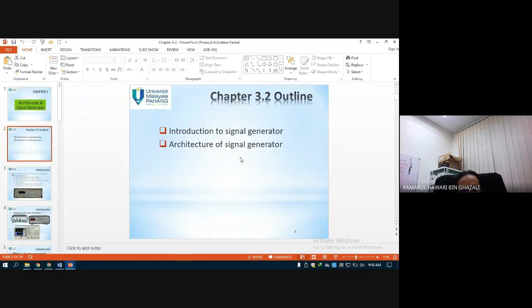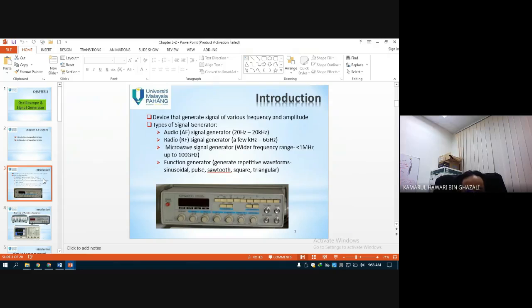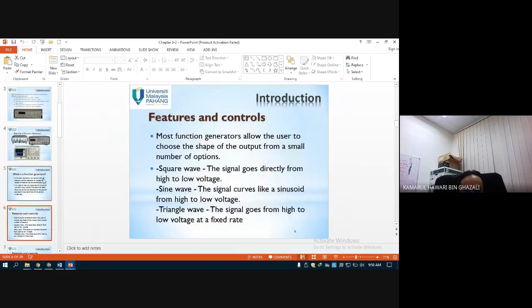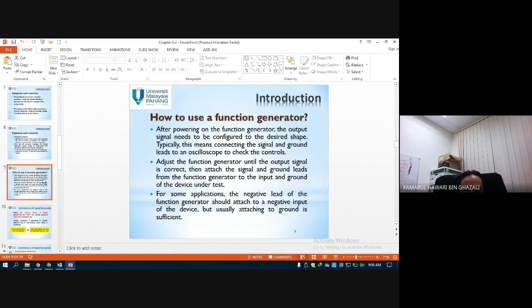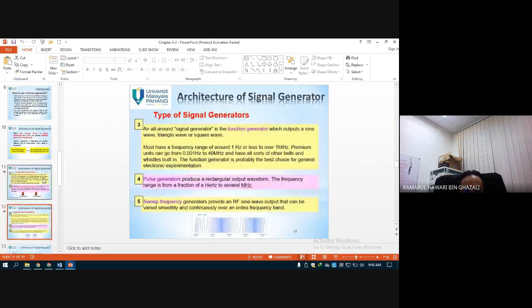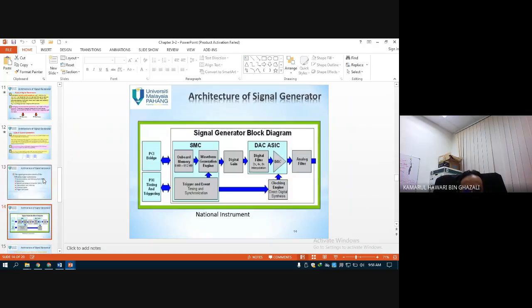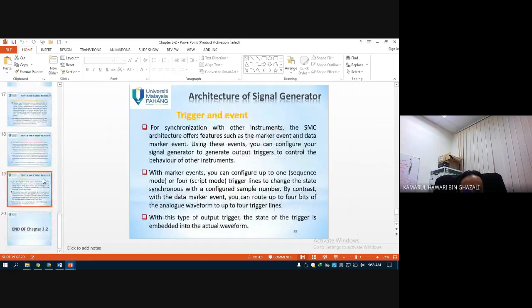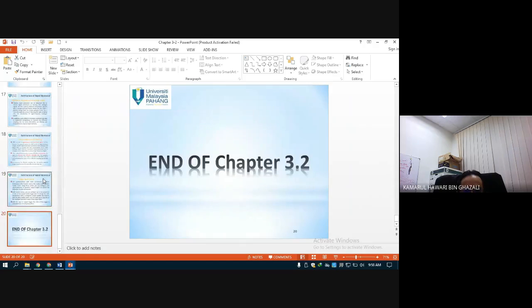So that is chapter 3.2. You learned about the signal generator. It is the theory of the function generator. The function generator has features and controls. Then how to use a function generator, and the architecture of the signal generator.